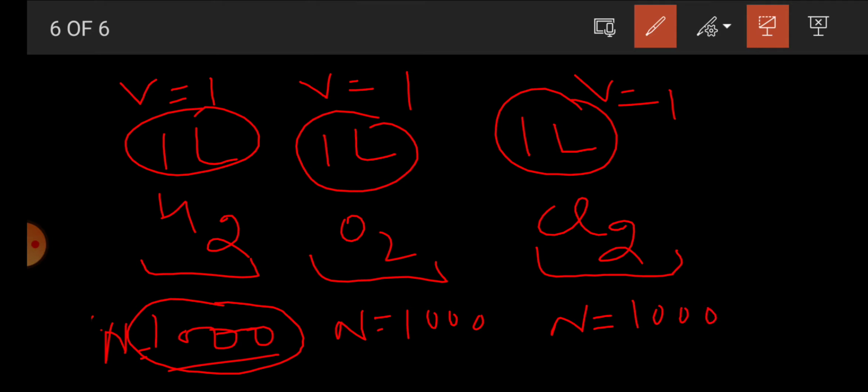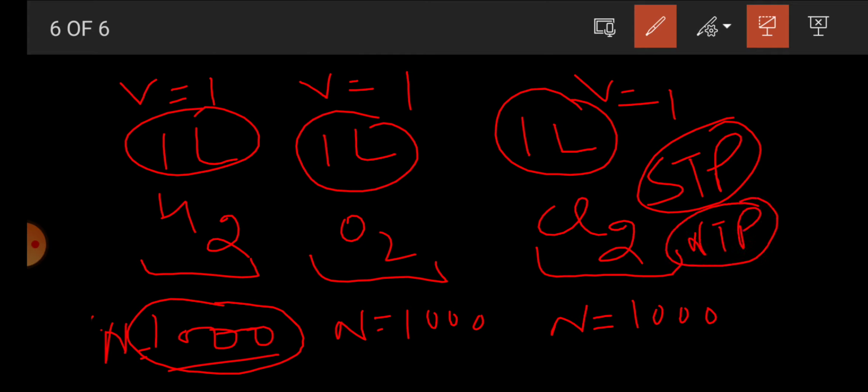Okay, so under STP, standard temperature and pressure, it is also written as NTP, the normal temperature and pressure. So we have to consider the temperature and pressure also. When we are getting these values of V and N, there should be a normal temperature and pressure.